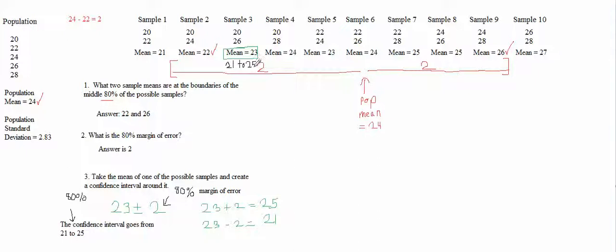What if we did it with sample 1, which is outside of the middle 80%? If we made it an 80% confidence interval, it would go from 19 to 23, because we're taking 21 and adding and subtracting 2. If we take sample 10, which is above the middle 80%, and we add and subtract 2 from 27, we get a confidence interval of 25 to 29.